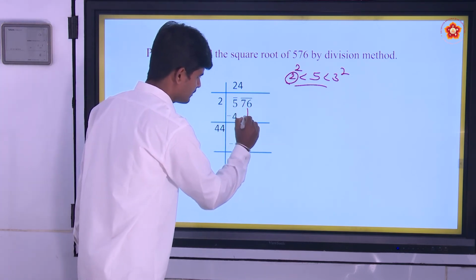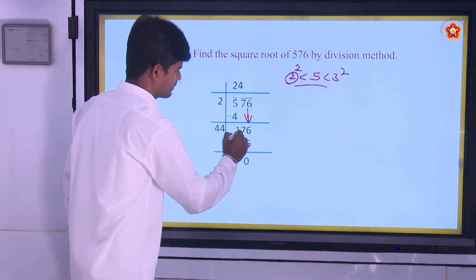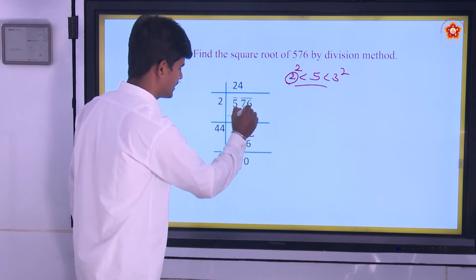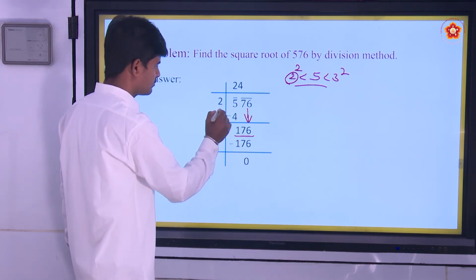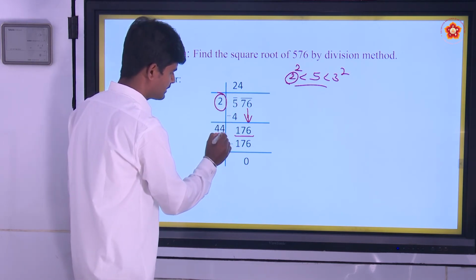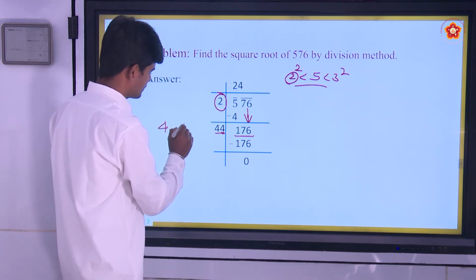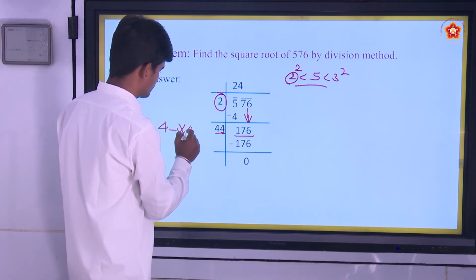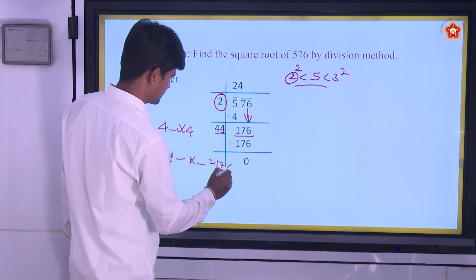Third step, we bring down the next pair of digits, so it becomes 176. Now we double the divisor, 2 times 2 is 4, and leave the right digit blank.